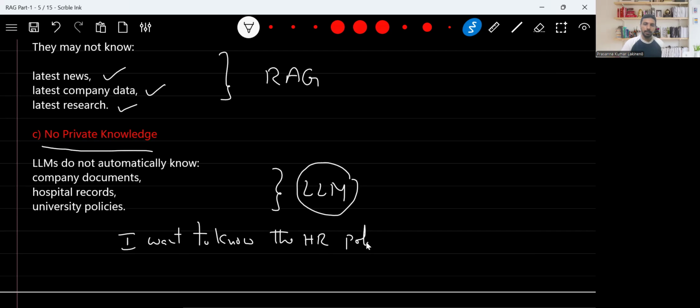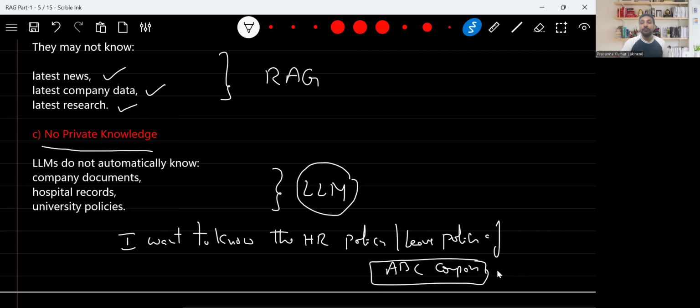The HR policy or leave policy of ABC company. ABC company will never release their leave policy or their HR policy into the public domain.